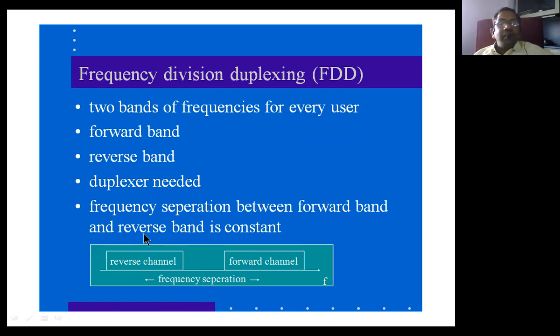Guard bands are normally used to avoid interference. This reverse channel and forward channel are implemented for one kind of user, and the same kind of channels are used for different users. So the basic concept of FDD, frequency division duplexing, is allocating two different channels at the mobile unit to perform the activities of the user simultaneously.